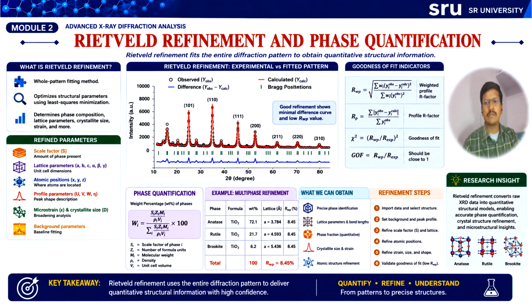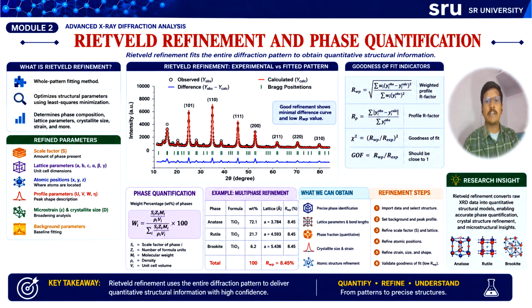The lower the chi-square value, the higher the quality of the profile refinement. So lower values indicate better agreement between the experimental and calculated patterns.